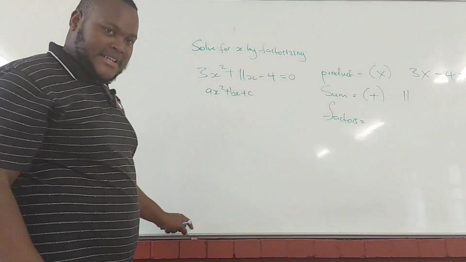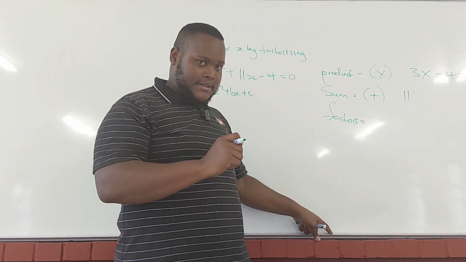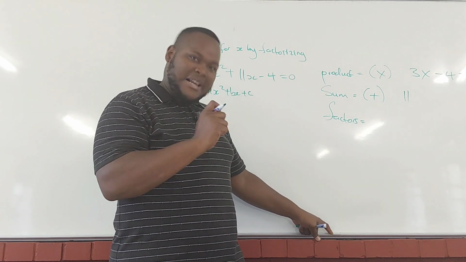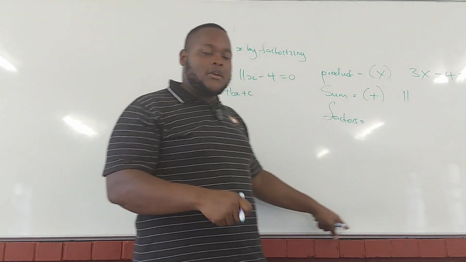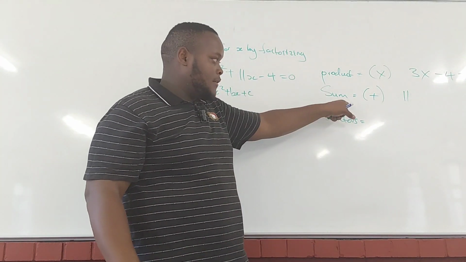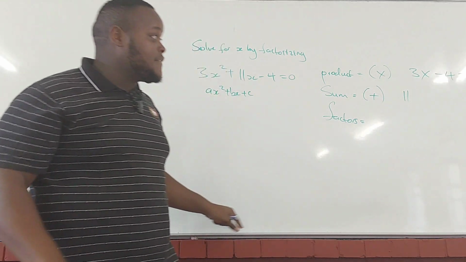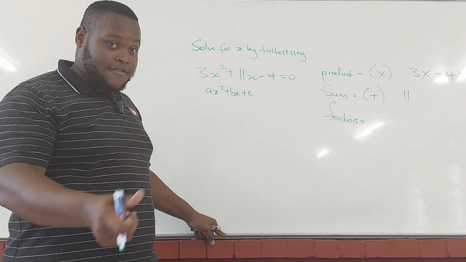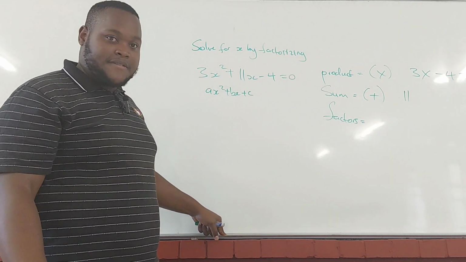Now, when it comes to factors, you are going to look for two numbers such that when you multiply them, the product, they give you -12, but when you add them, the sum, they give you +11.